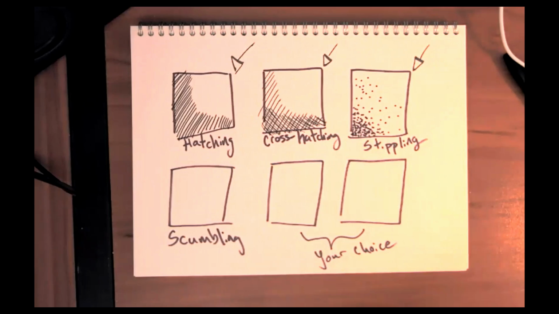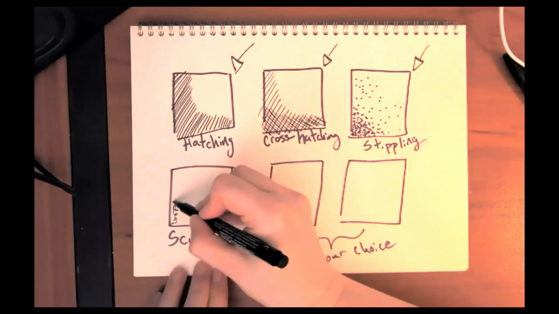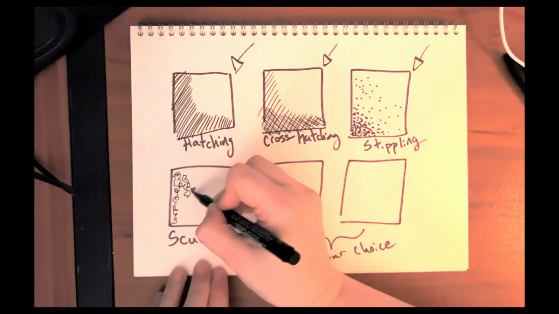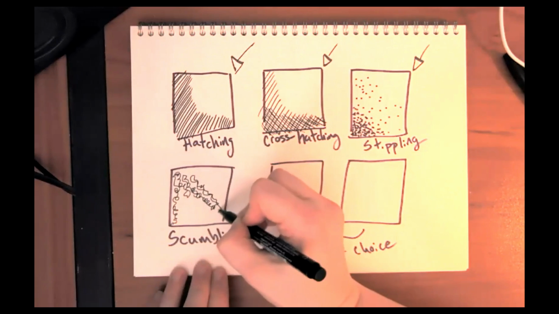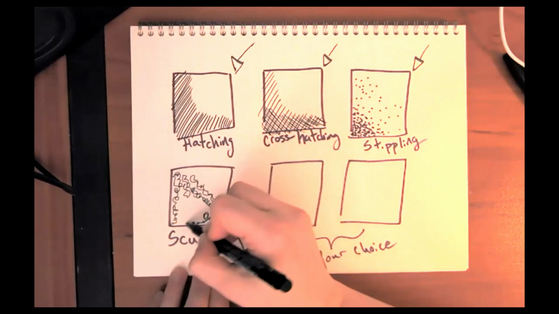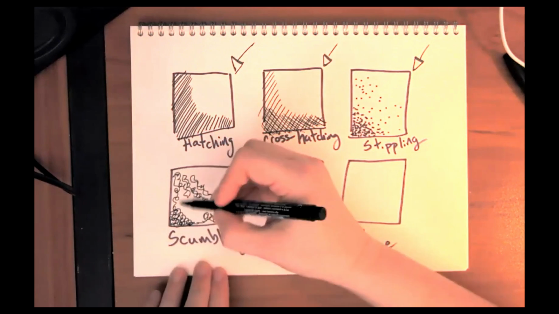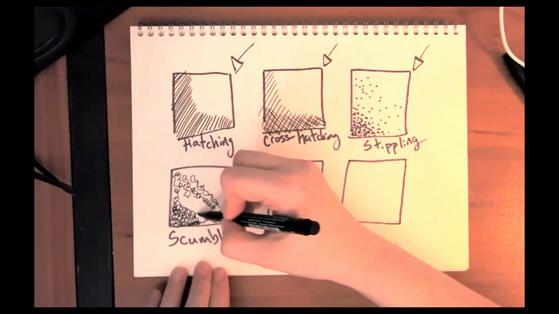Scumbling is kind of like a scribble, but you keep it really close to itself. And in places where you want it to be darker, you get the scribble to overlap with itself.